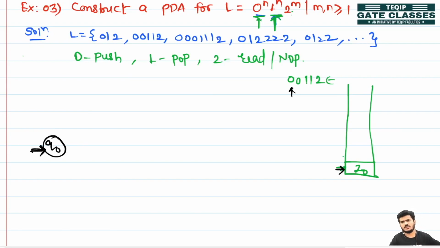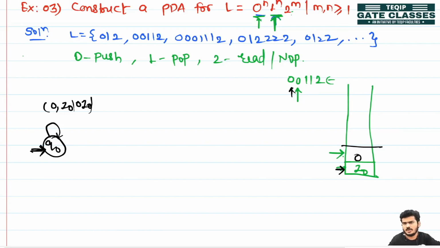Now for 0 we have to push, and whenever 1 starts occurring we have to pop. Initially 0 occurred and the top of the stack is Z0, so I will write 0 Z0. I have to push that 0, so it becomes 0 Z0. Now the top of the stack becomes this 0 and I move to the next input.